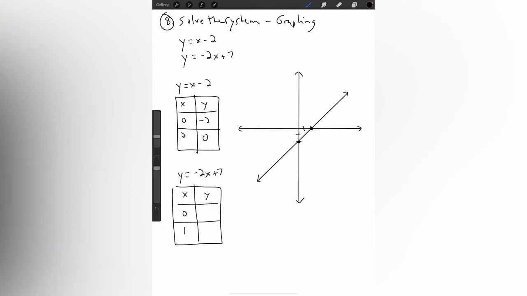Okay, so negative 2 times 0 is 0, plus 7 is 7. All right, and then I have 1 times negative 2, which is negative 2. Negative 2 plus 7 is a positive 5. So 0, 7, 1, 2, 3, 4, 5, 6, 7. And 1, 5. 1, 2, 3, 4, 5.